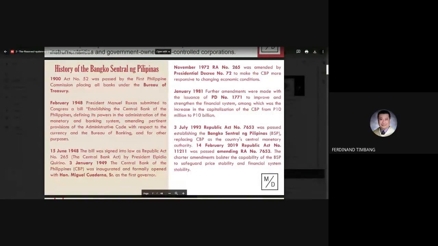Si Manuel Roxas po. Manuel Roxas was the one who established the central bank. But actually hindi siya. Ibig sabihin dinevelop talagang pinaganda niya, no? Inayos. Kasi syempre kung 1948 yan, it is a neophyte during that time. So a lot of improvements have to be done, di ba? So tingin mo sino?